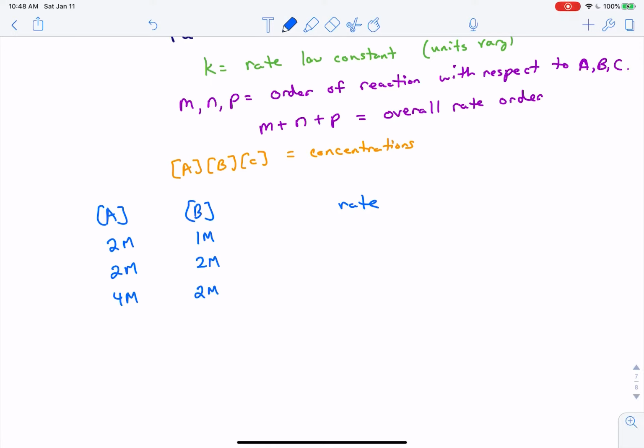And I say the rate is 4 molarity per second, 16 molarity per second, and then 8 molarity per second. Let's pretend that's a set of data that I have. So I did all these experiments and varied these things and measured the rate.